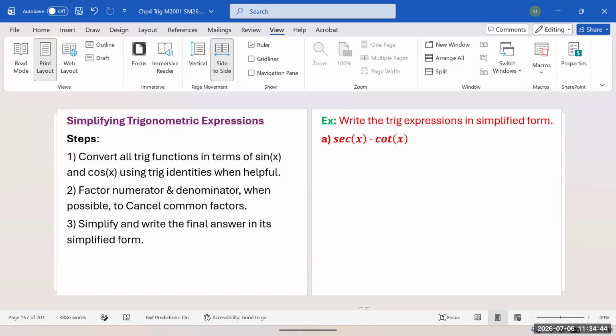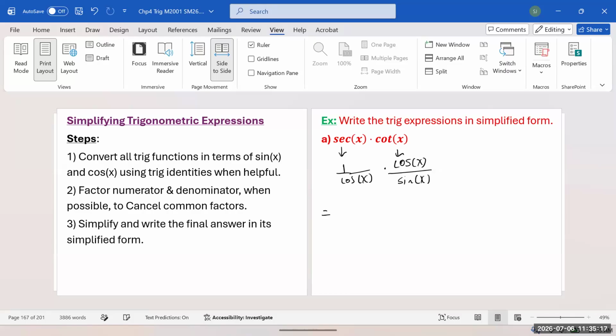Okay, example. Simplify secant x times cotangent x. What should we do? Good. So what is secant in terms of cosine or sine? 1 over cosine. And what is cotangent in terms of sine and cosine? Cosine over sine.